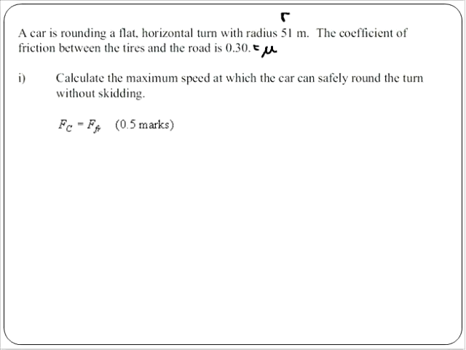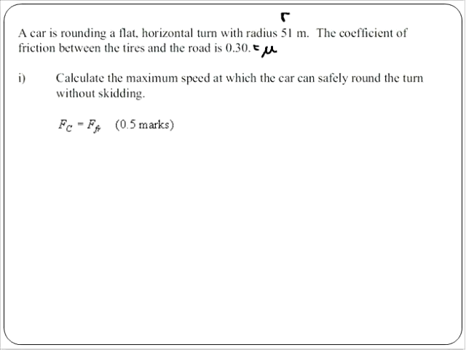In other words, the only force causing a net force to be present is friction, because friction is the only horizontal force. There's a force of gravity pulling downwards, that's vertical. There's a normal force pushing upwards, that's also a vertical force. The only force that is not vertical is friction.